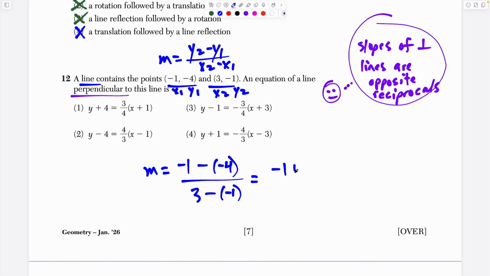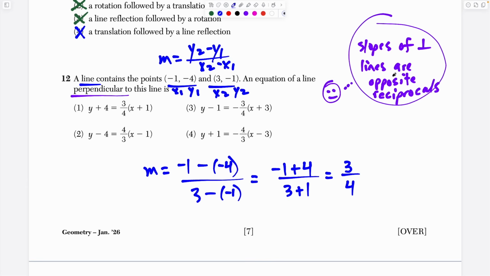This works out to -1 plus 4 over 3 plus 1. Remember, anytime you subtract a negative, you can just change the operation to addition. Now we get a fraction of 3 over 4. If I do -1 plus 4, or 4 minus 1, I get 3, and 3 plus 1 is 4.